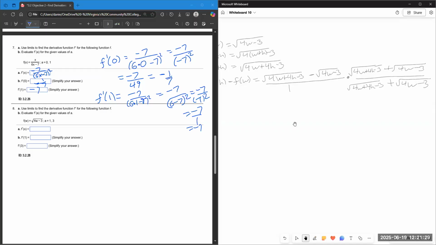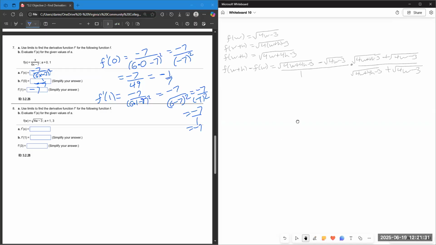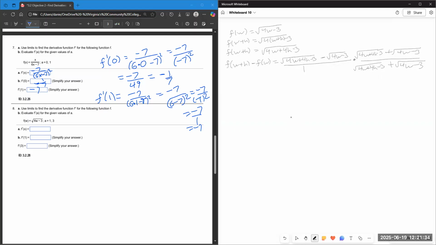So that makes f of w plus h minus f of w equal to 4w plus 4h minus 3 minus 4w minus 3 over root 4w plus 4h minus 3 plus root 4w minus 3.